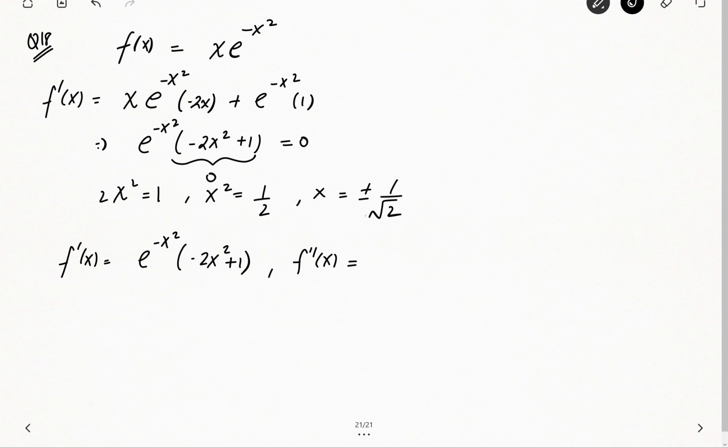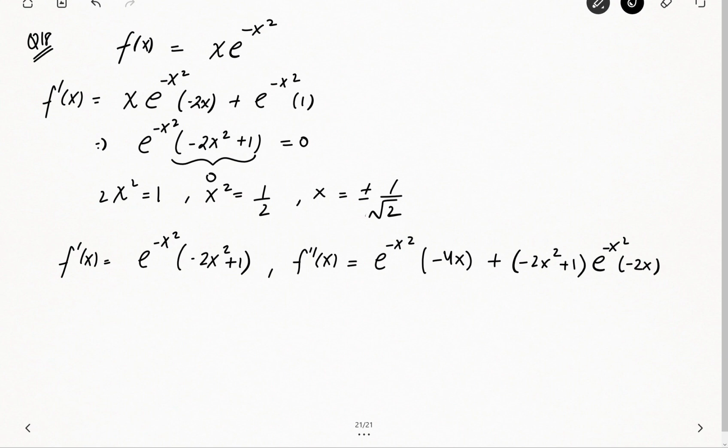The product rule will keep the e to the negative x squared as it is for now. The derivative of negative 2x squared is just negative 4x. And then you keep the other one as it is, negative 2x squared plus 1. And the derivative of e to the negative x squared is e to the negative x squared times negative 2x.